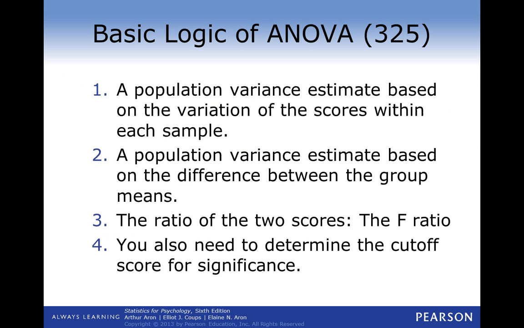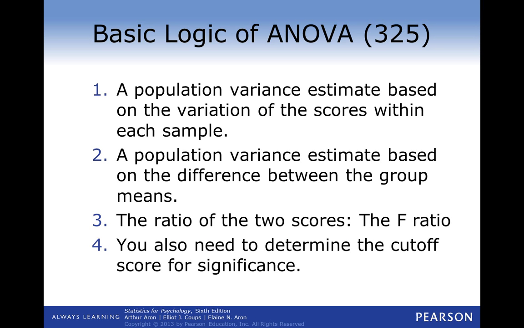So, the basic logic of an analysis of variance is, again, you have to estimate population variance using your sample scores. There are two different types of variance that you must estimate. You must estimate within group variance and between group variance.